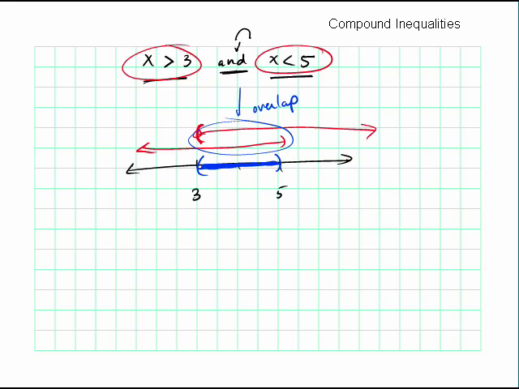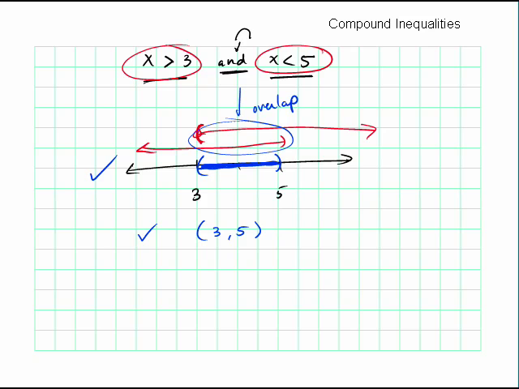And in our interval notation, that would be written parenthesis 3 to 5 parenthesis. So this is the graphical representation, and this is our interval notation for the answer. The key here is when you have an "and" statement, that means intersection, and basically you're looking for the overlap of the two lines.